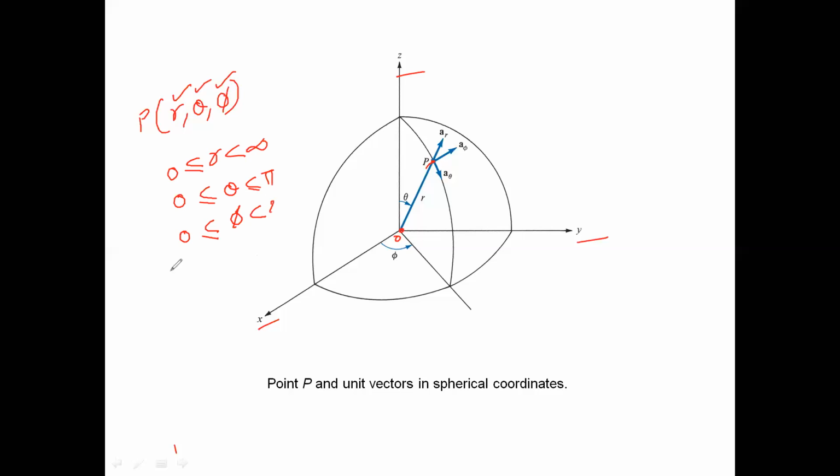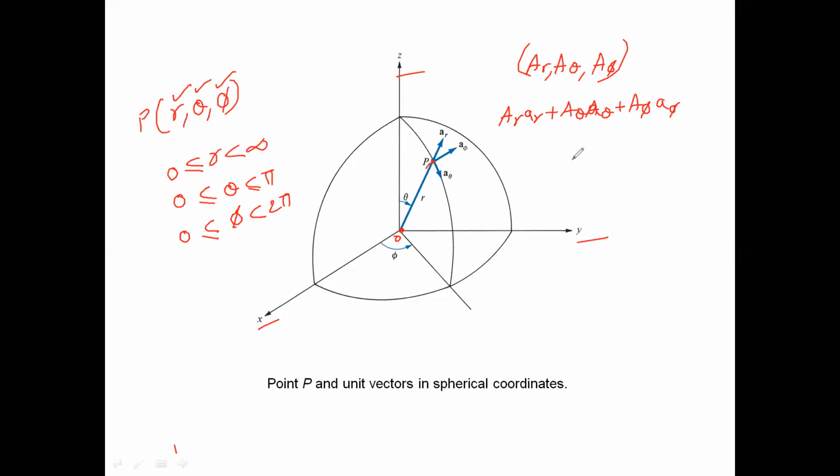For the vector representation, let's look at ar, a theta, a phi: the expression is A_r a_r plus A_theta a_theta plus A_phi a_phi, and you can write the magnitude, there is no problem.